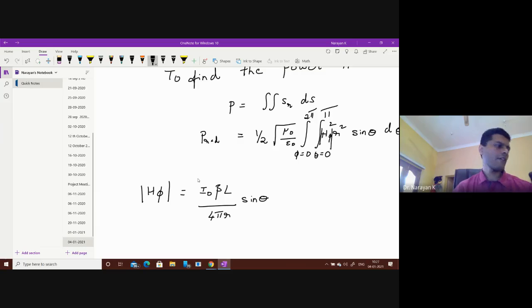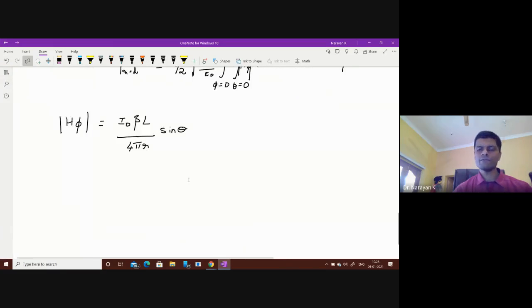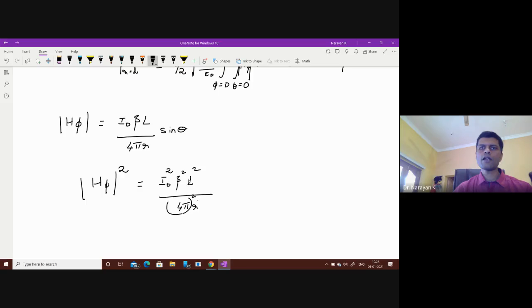So what I have to substitute there? Square of H of phi gives I naught square beta square L square divided by 4 pi whole square r square sine square theta, right? Yes, sir.